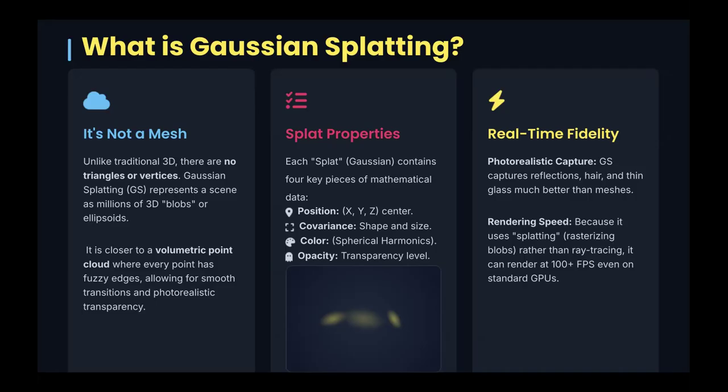You can add color with textures, but they have a rough time with transparency and stuff like that, and they're not as flexible as splats. Splats can be any shape, form, and size. They're like this volumetric thing in space. So yeah, it's not a mesh. And let's go to the next slide.